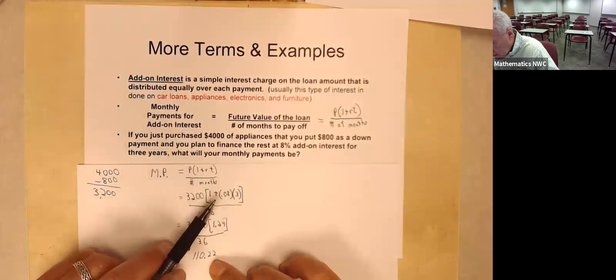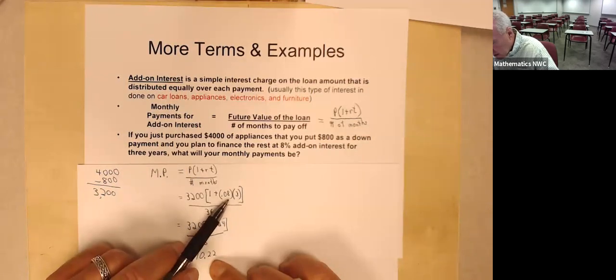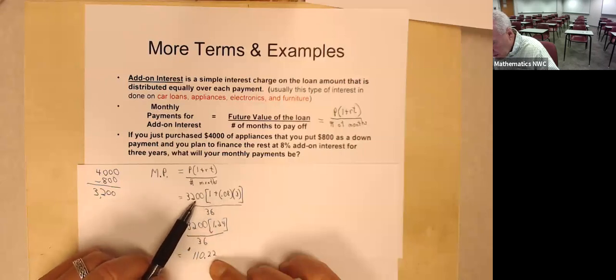And that interest is being charged on 3,200 every one of those 36 months. So every month I get charged this interest on 3,200. That's a little unfair because I'm paying off the 3,200 one month at a time.